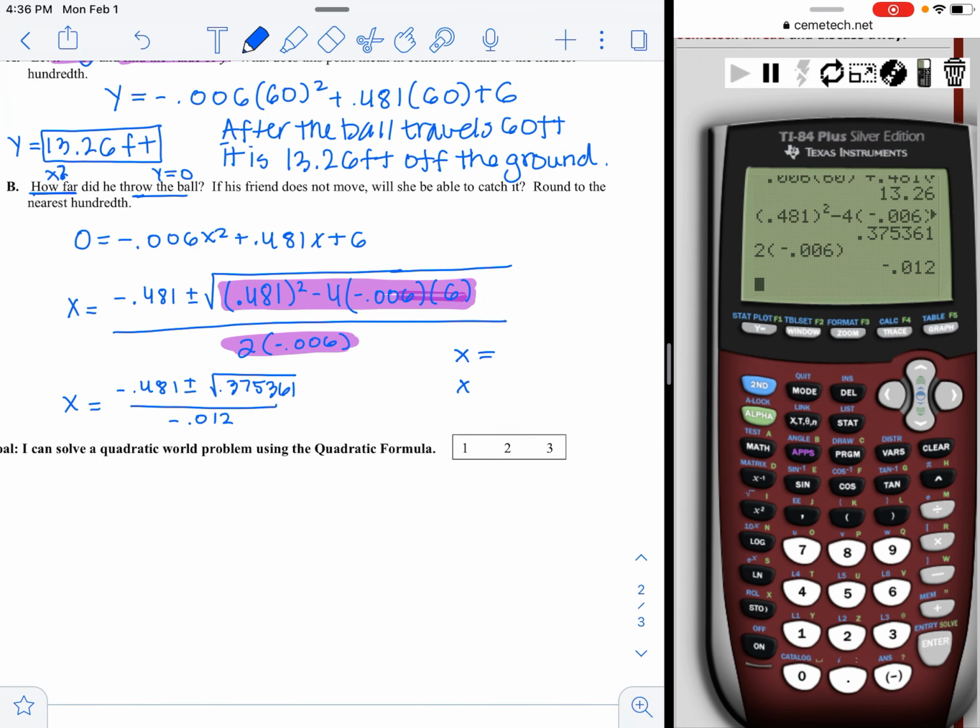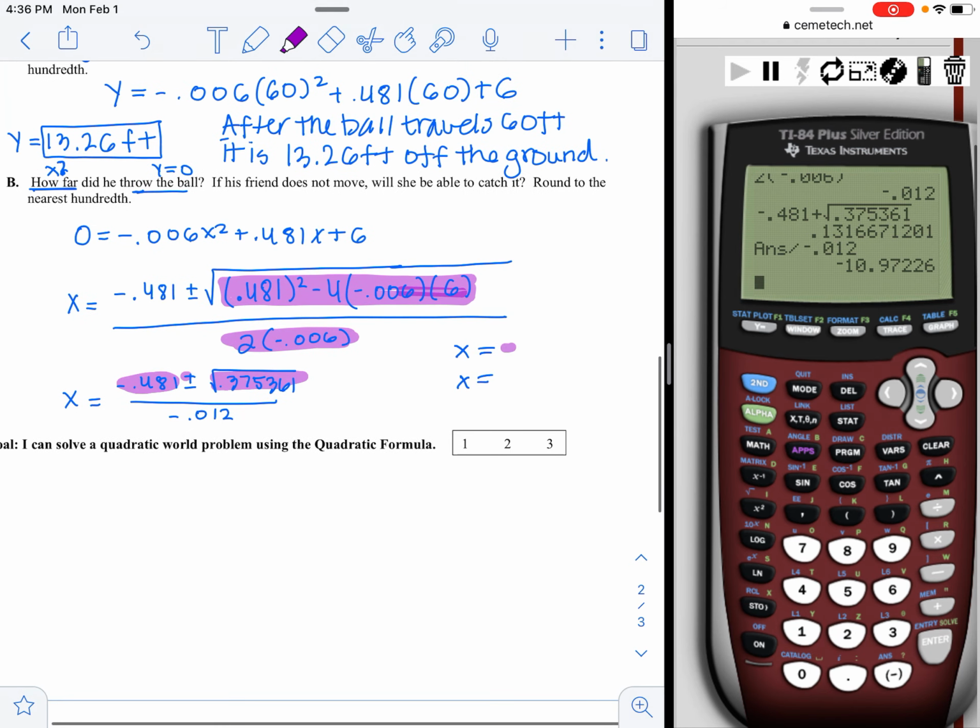All right, so now I'm going to get my 2 answers, x equals. I'm going to first do negative 0.481 plus square root of 0.375361, enter, divided by negative 0.012, enter.